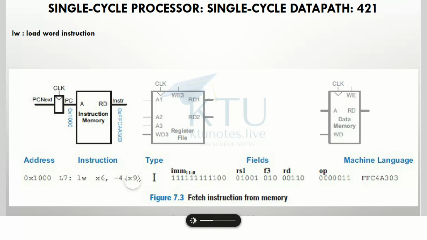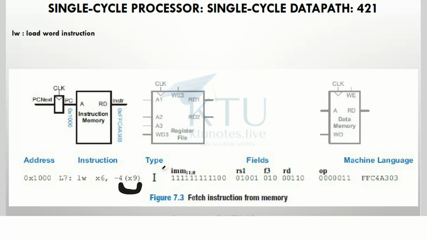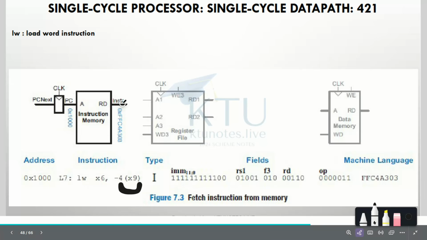This location is present in our memory. So we have to find the data present in this location in the memory and load it into S6. So this much you have understood.